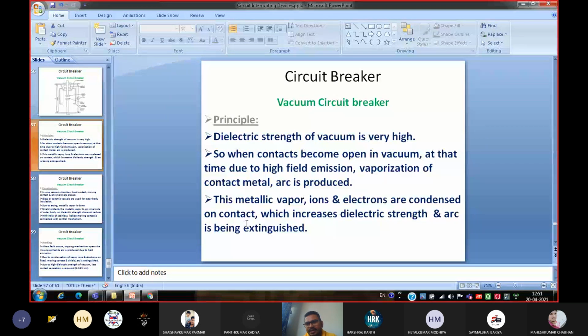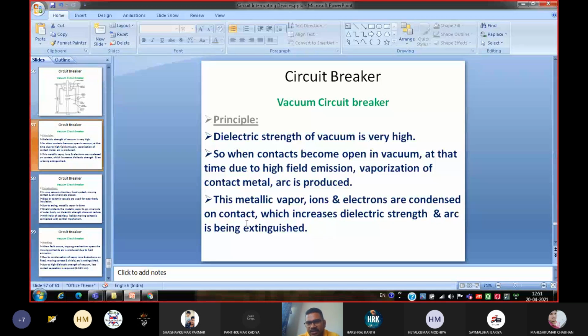Okay, so when contacts become open in vacuum, at that time what happens? Okay, we are assuming that contacts become separated in the vacuum. So we have generated the vacuum. In this vacuum we are separating the contacts. So when contacts become separated, at that time high field emission occurs.